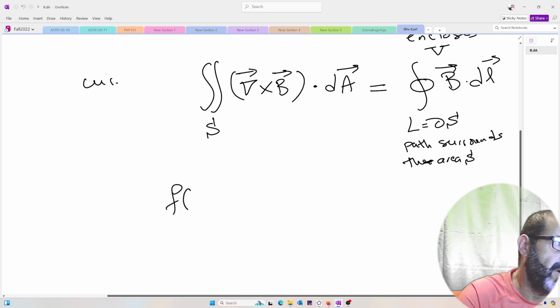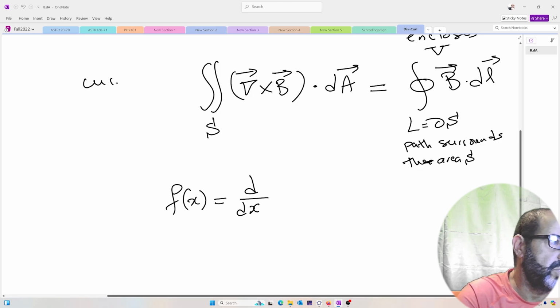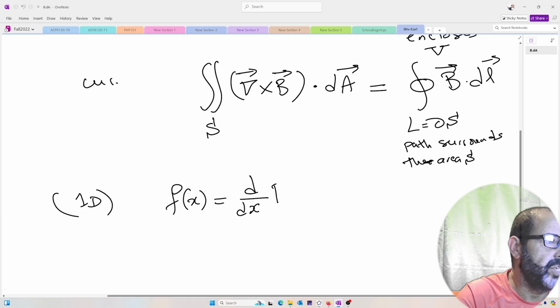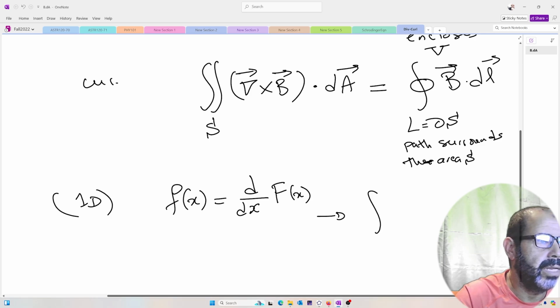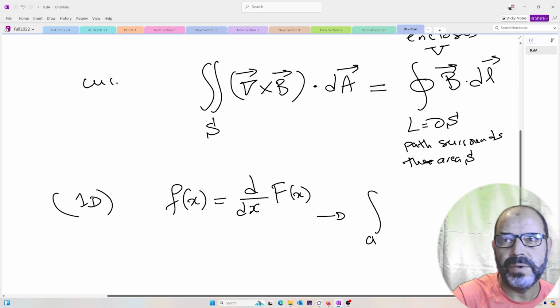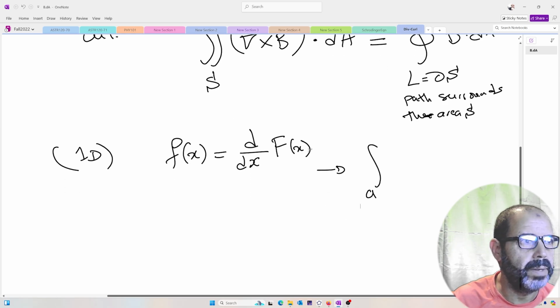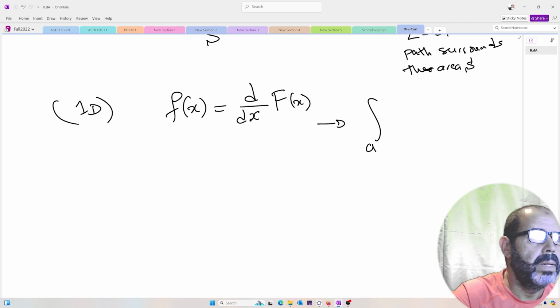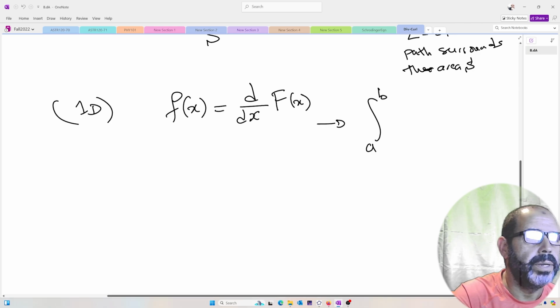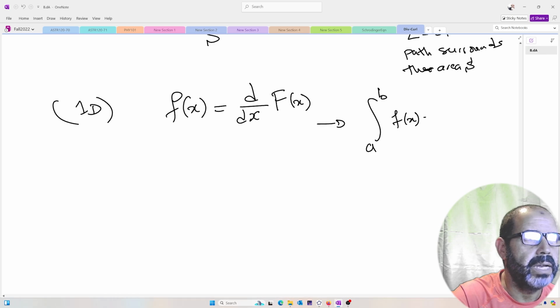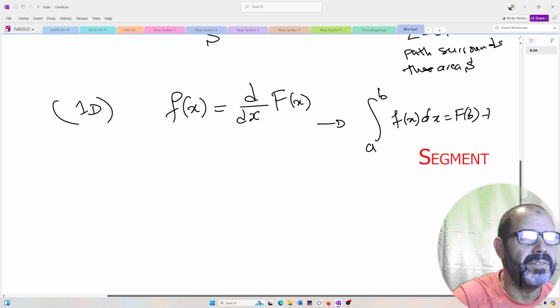Imagine if I have a function f of x that happens to be the derivative. So this is a 1D case, okay? The derivative of the function f of x, then this ensues that the integral over a path over a region on the x-axis between a and b of f of x dx is simply equal to f of b minus f of a.